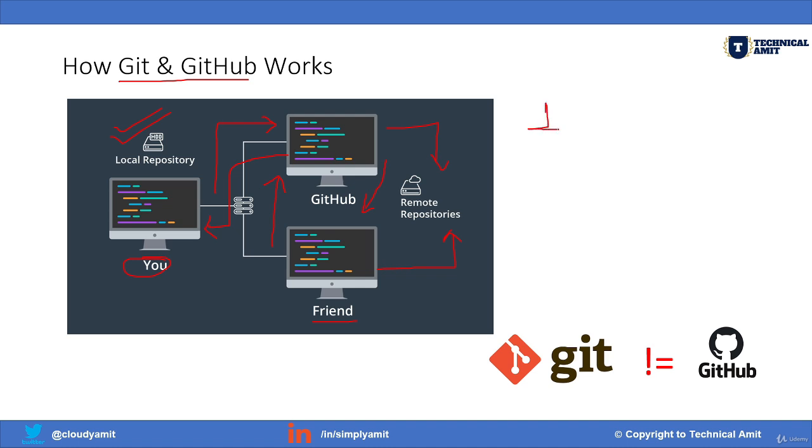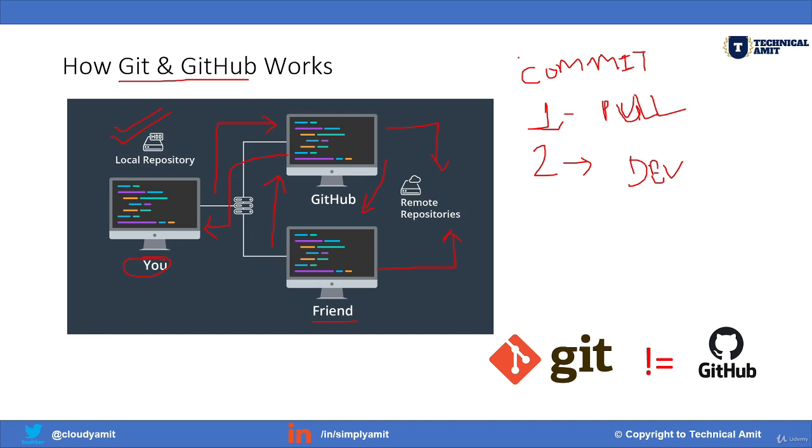As a best practice, you should always first pull the changes from the parent, basically the remote repository, and then start developing. That is what you need to do as a best practice. And before you pull, you just need to commit all the changes you have developed inside your local repository.